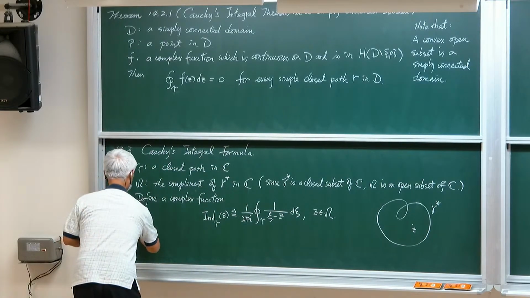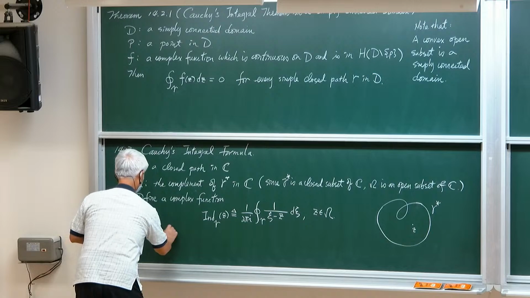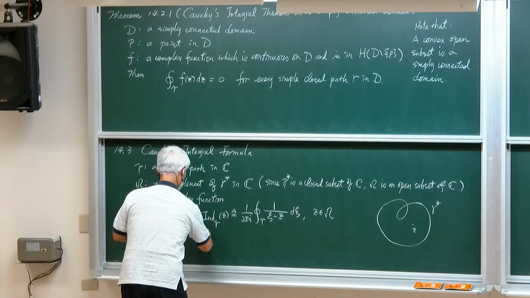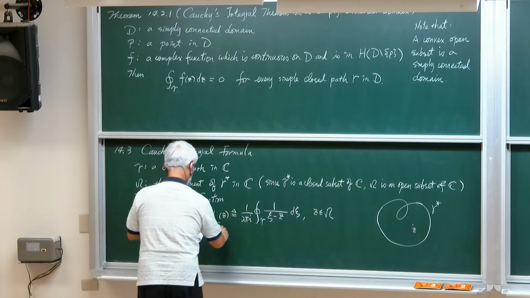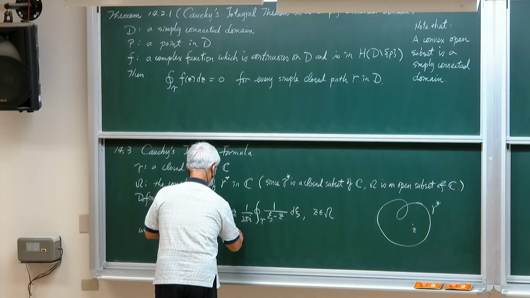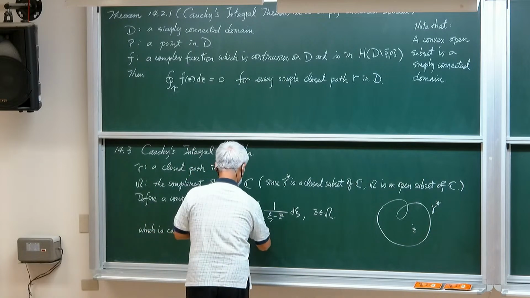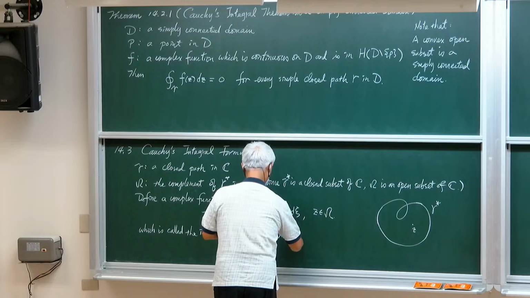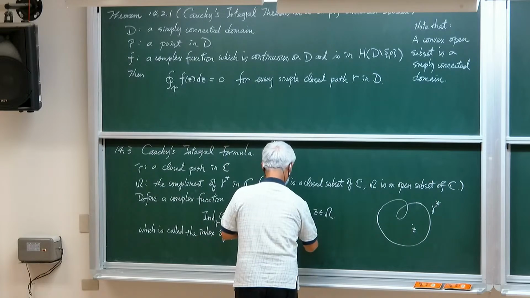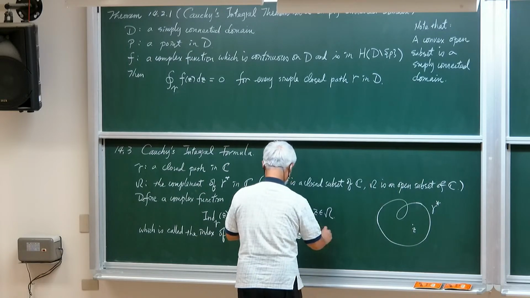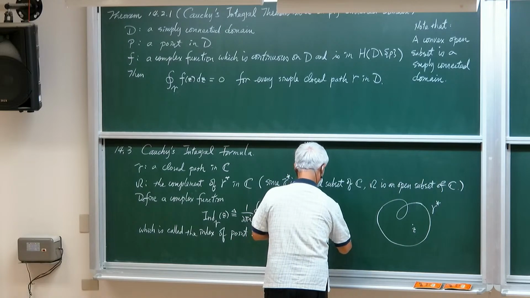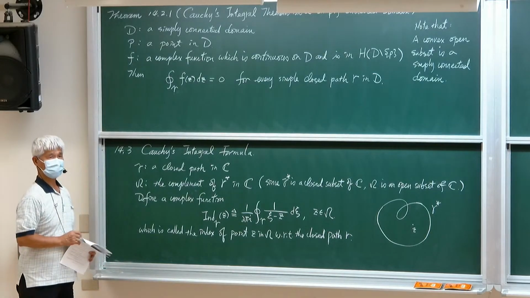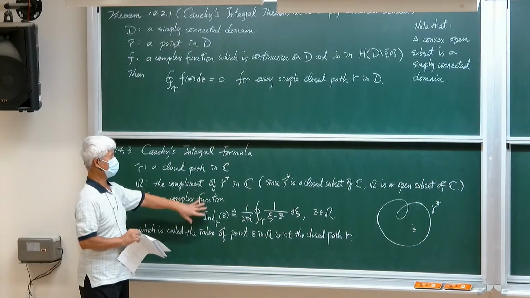And this function is called the index of points Z in omega with respect to the closed path gamma. So this is the index function we have.